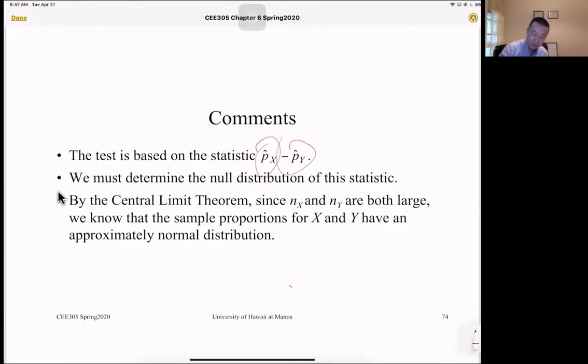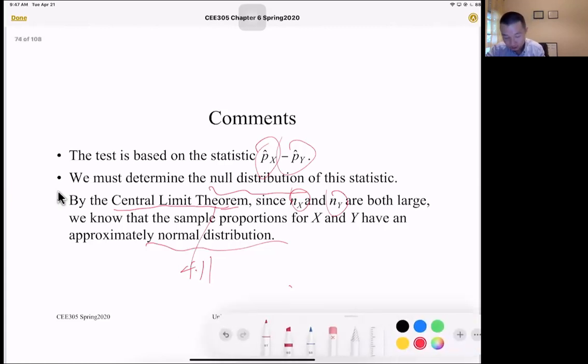And then we set up a null distribution. Based on the central limit theorem, this is section 4.11, when the sample size is large, the sample proportion will follow a normal distribution. And here will be the null distribution.